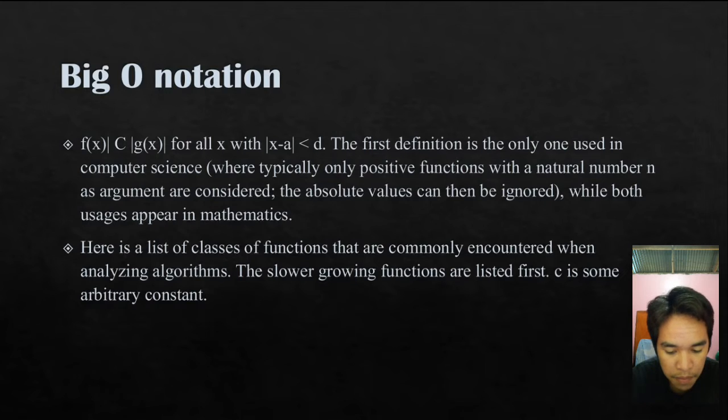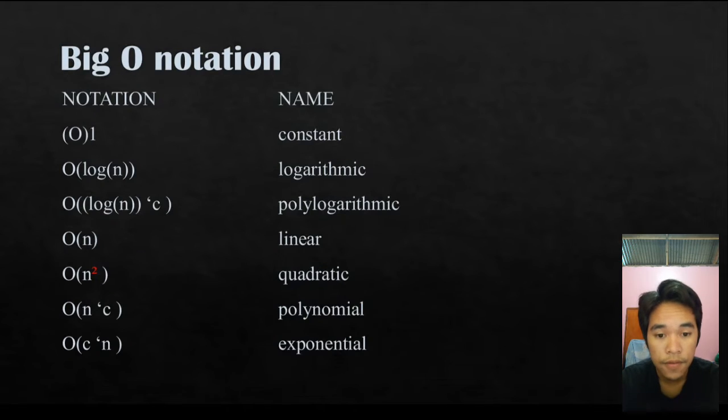C is some arbitrary constant. Notation to name: O(1), constant. O(log n), logarithmic.